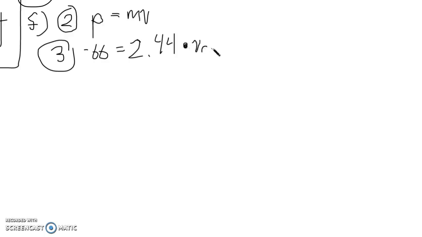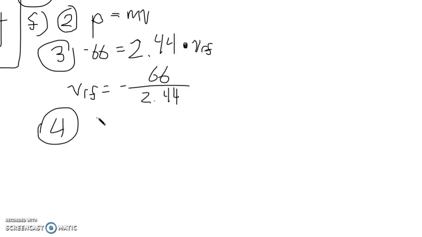I'm going to say VRF, because VRI is different. So VRF equals negative 66 over 2.44, and for step 4, the answer to F is around negative 27.05 meters per second.